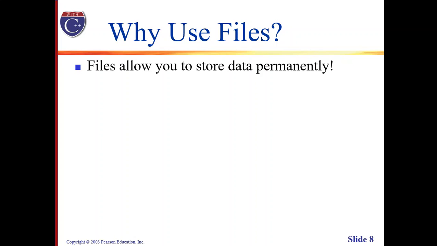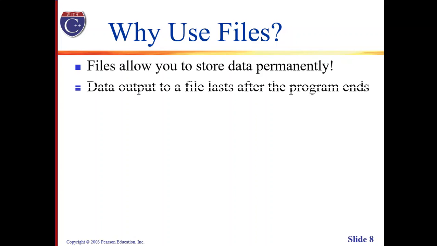So that's exactly the concept of why we are using files for our I/O: to store data permanently. Also, data output to a file lasts after the program ends, as opposed to simply displaying it on the screen. If we output our result to a file, it can be stored permanently, and at the same time, we can reuse that data in the future.